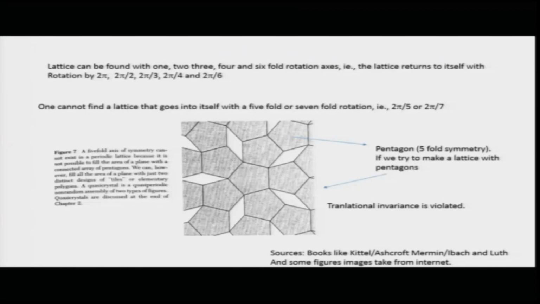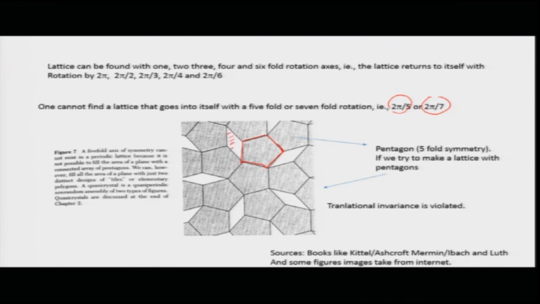And it is surprising actually that you cannot find lattices which have 5-fold or 7-fold rotations. For example, here is a lattice which is made up of pentagons. This particular structure is invariant under 2 pi by 5 rotation, but if you try to make a lattice by repeating these pentagons, you will not get an area which is completely covered by the lattice.